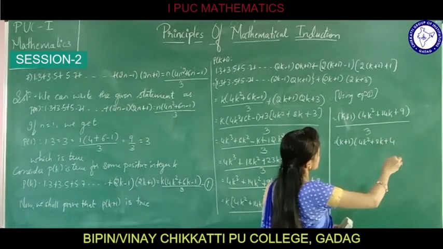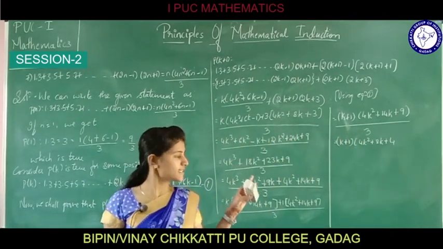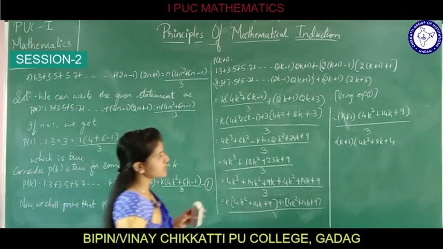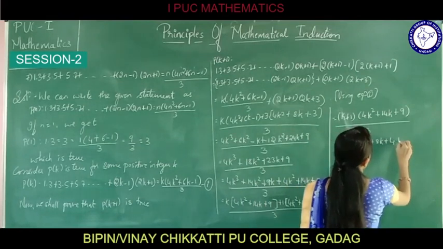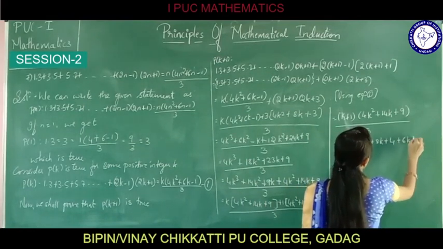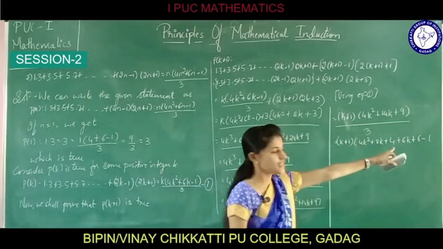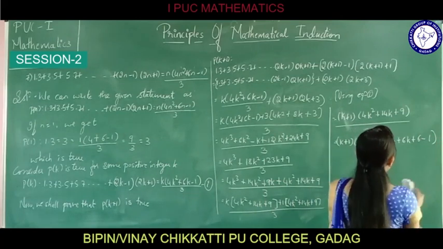Again leftover is 4k. Among 14k I have already written 8k. If I have already written 8k, I am left with 6k plus 6 minus 1, because I want 9, I have subtracted 1, divided by 3.